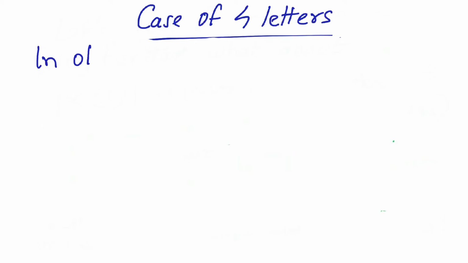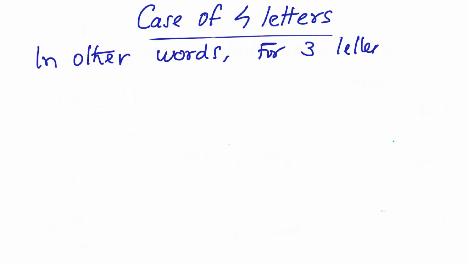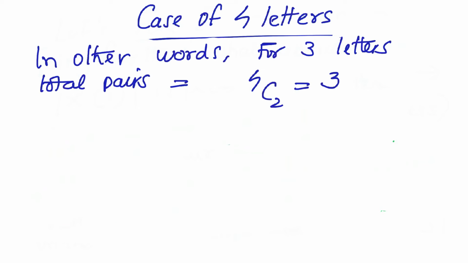Now, so what does it mean? In other words, for 4 letters, the total pairs would be 4C2, that is 4 factorial by 2 factorial times 2 factorial, which is 6.